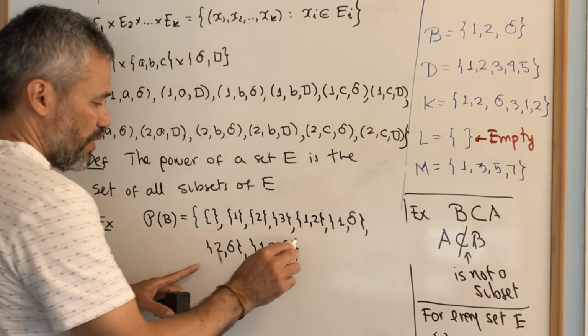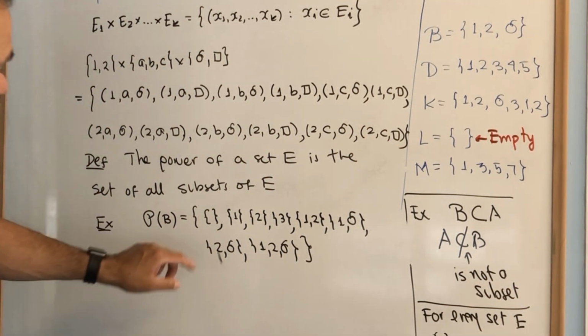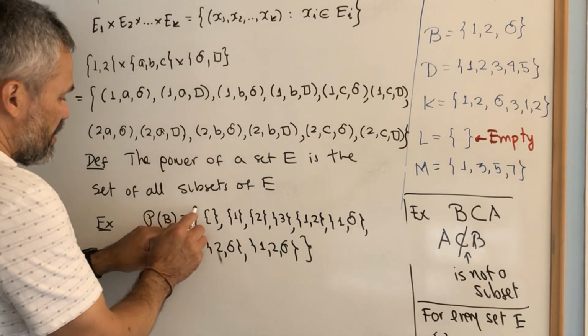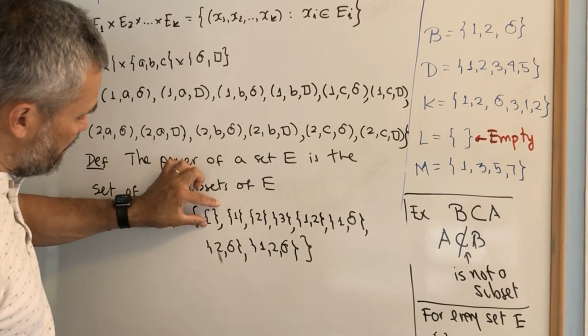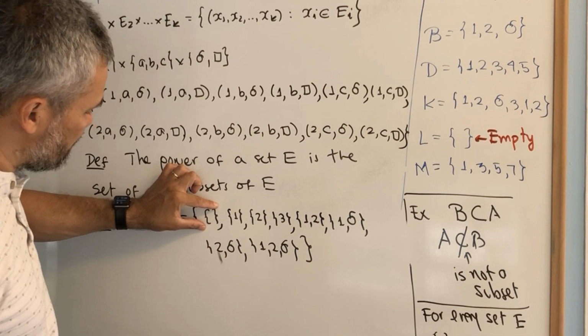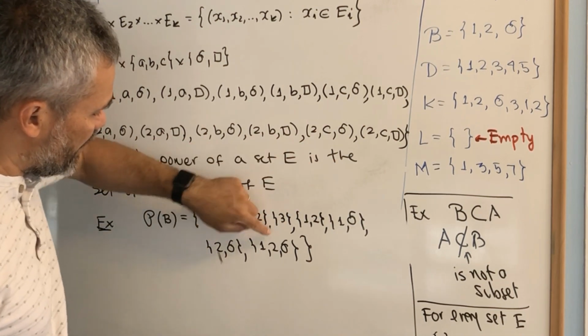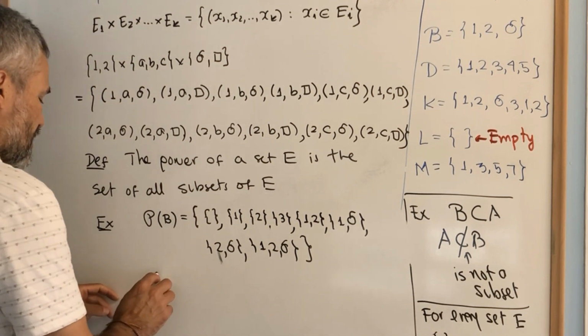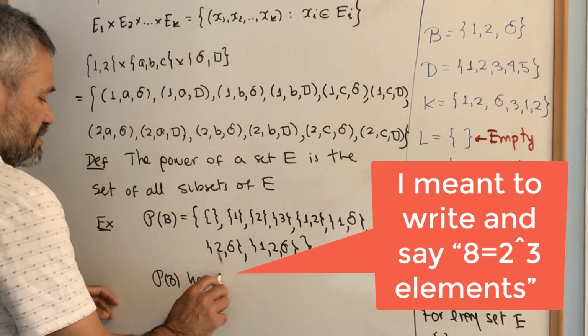And then we close the power set. Notice that this power set has, counting what is between the commas, one element, 2, 3, 4, 5, 6, 7, 8 elements. In this case, the power of B has 8 elements.